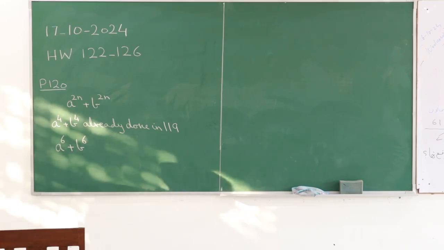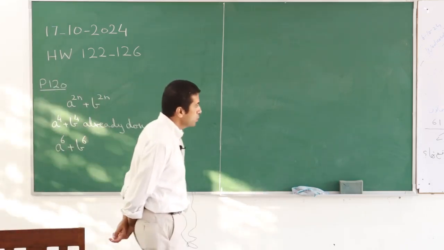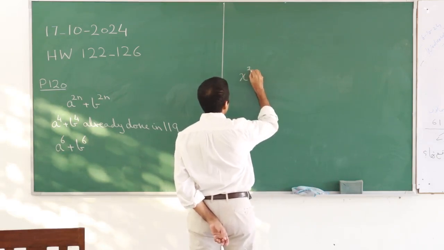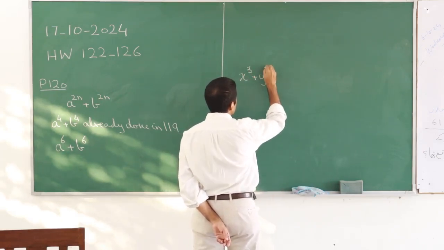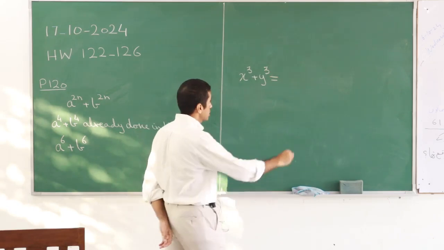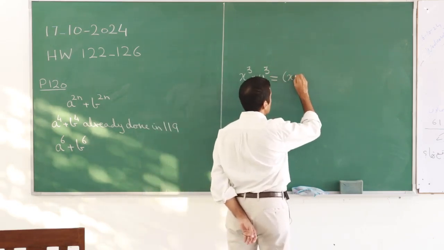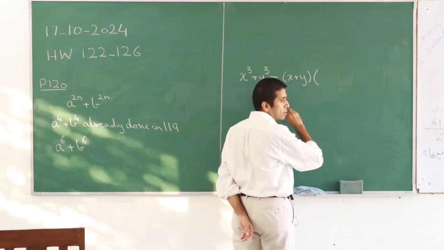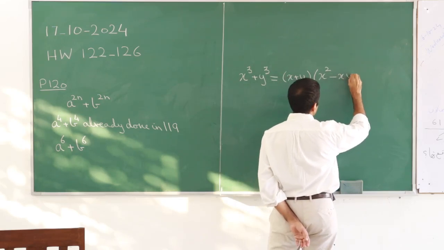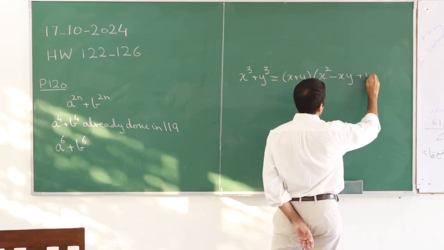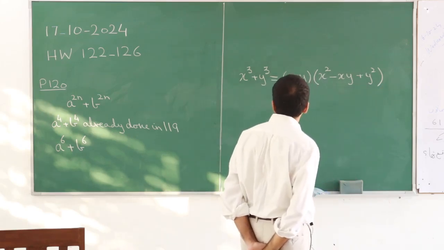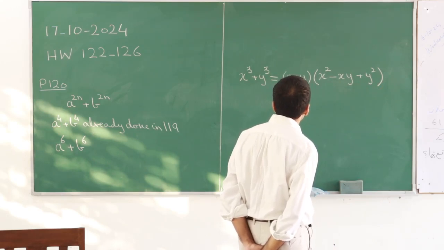Can you factorize x cubed plus y cubed? What's the factorization of x cubed plus y cubed? x plus y, multiplied by x squared minus xy plus y squared.